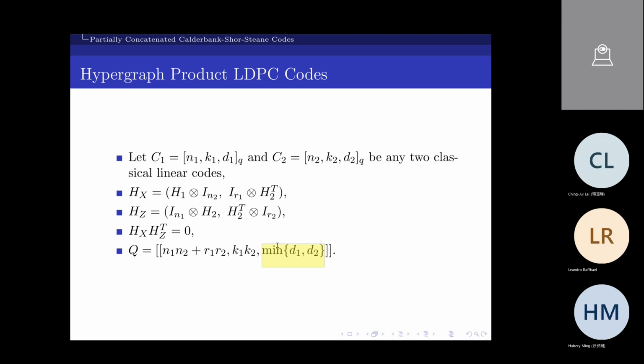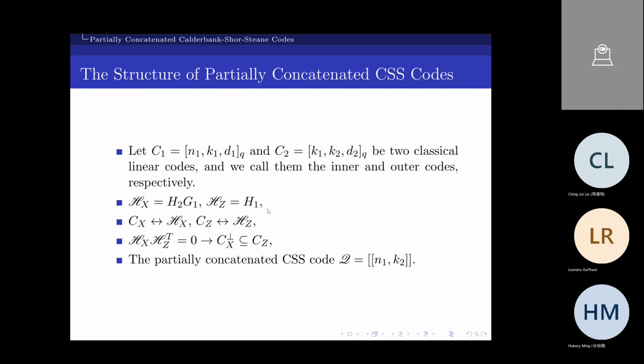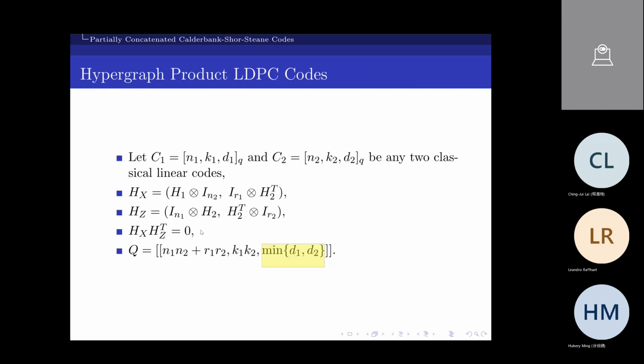And recently the famous quantum LDPC conjecture was solved by two researchers from Russia. I think the pioneering work about the quantum LDPC conjecture was given by Tillich and Zémor.